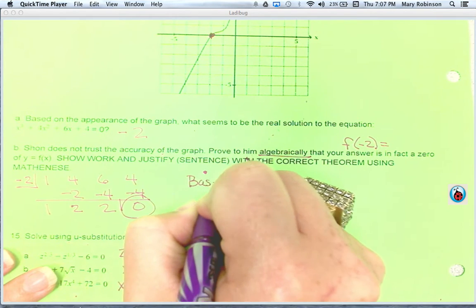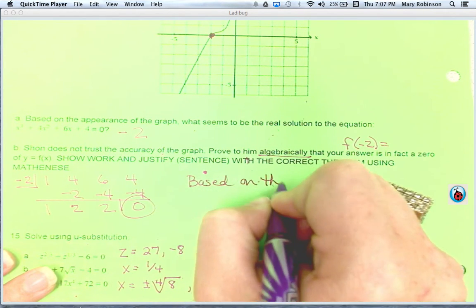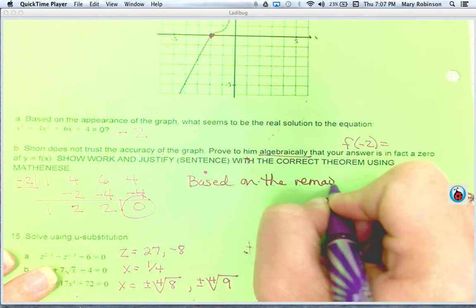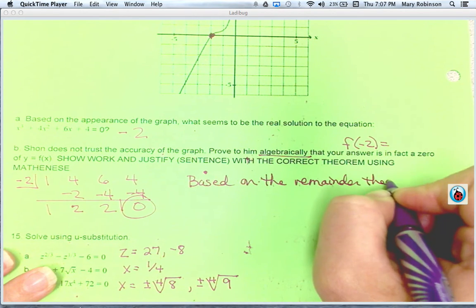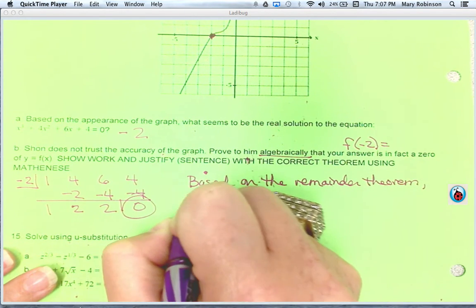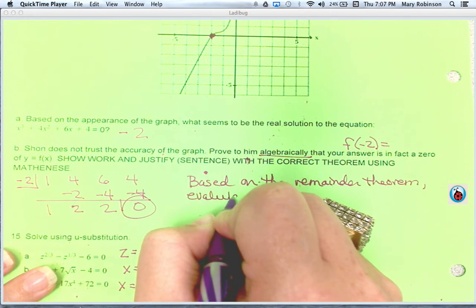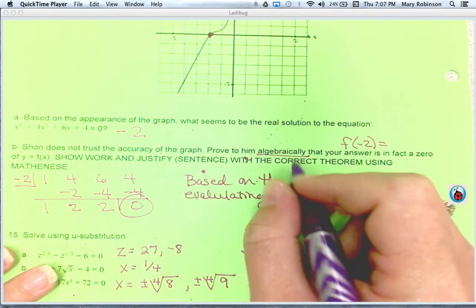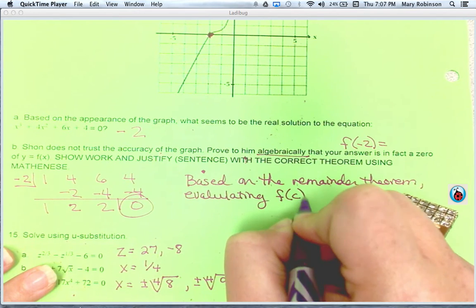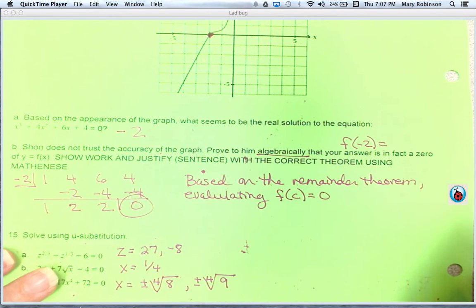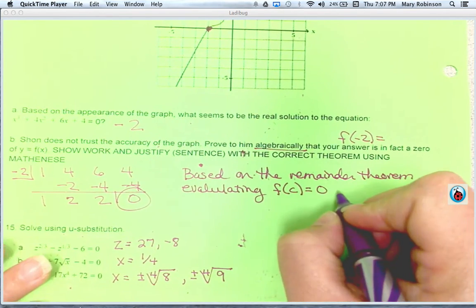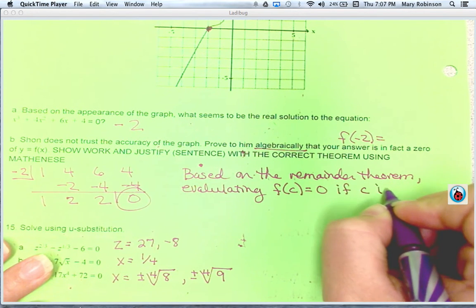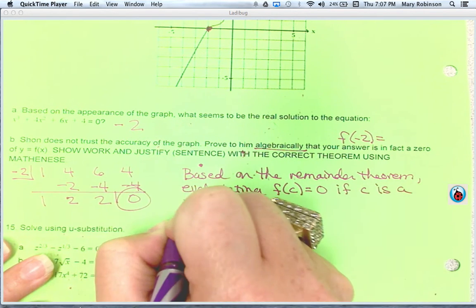So what we can say is, based on the remainder theorem, evaluating f of c will equal 0 if c is a 0.